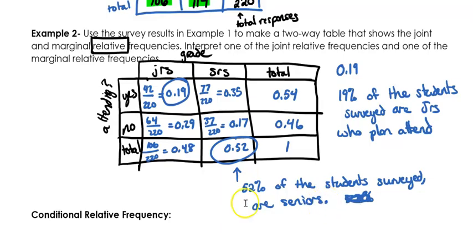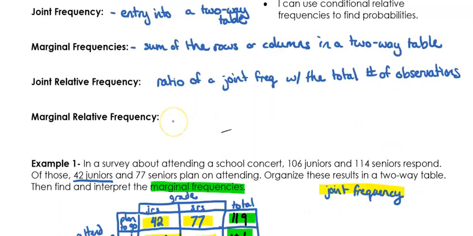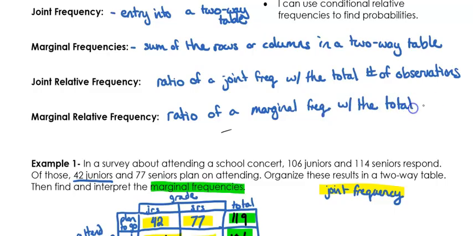So a joint relative frequency and a marginal relative frequency are just the ratios of a joint frequency or a marginal frequency with the total number of observations or responses.